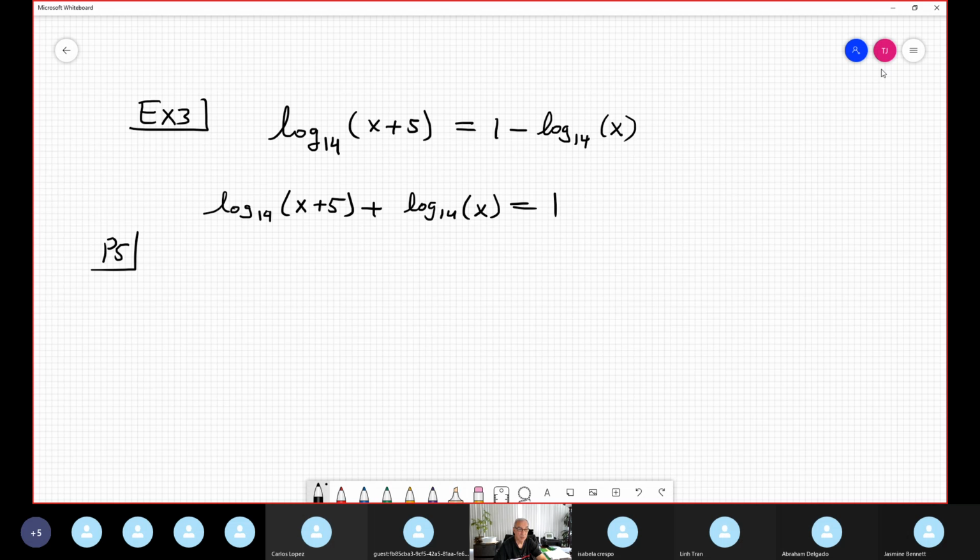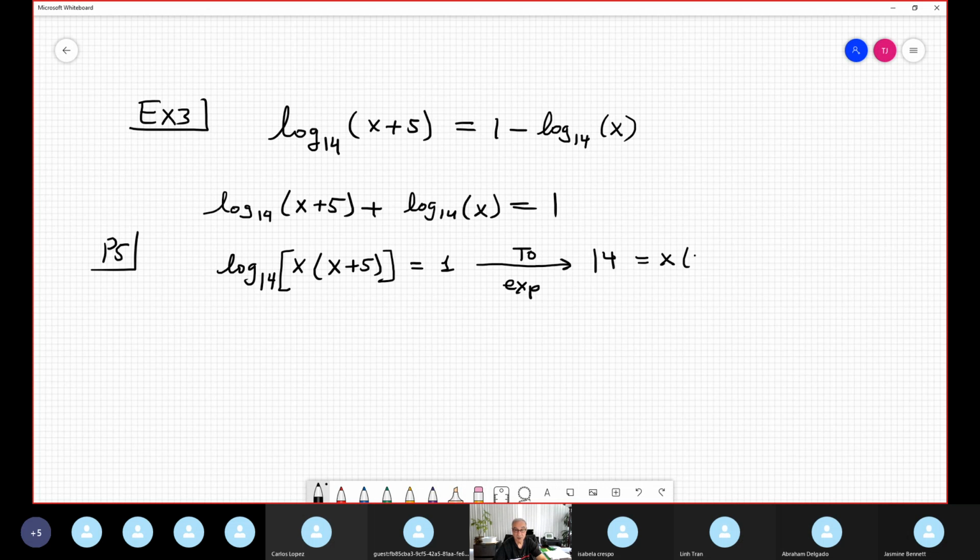Now you multiply: logarithm base 14 of x times x plus 5 equal 1. And we convert immediately to exponential statement. The base is 14, the exponent is 1, that by the way is invisible. You don't need to write 1. Equal x times x plus 5.